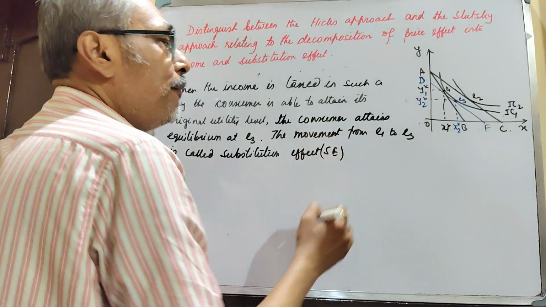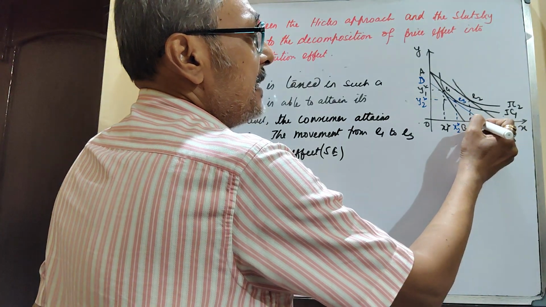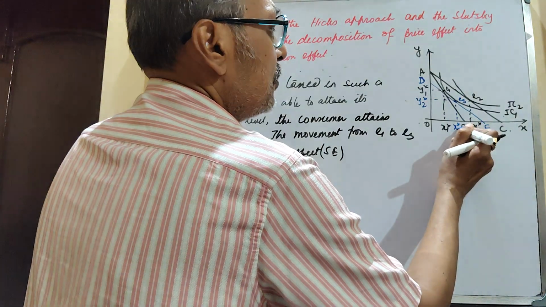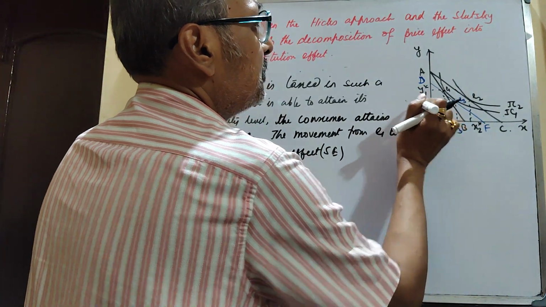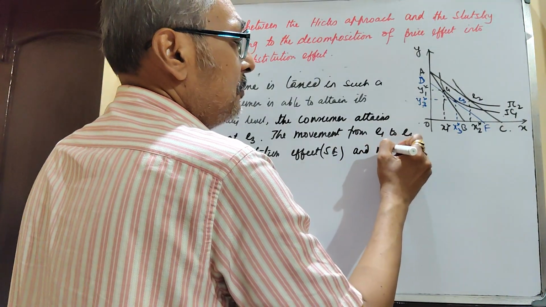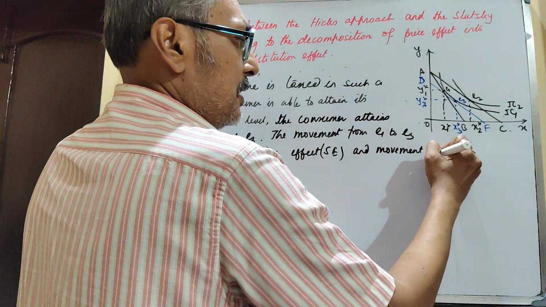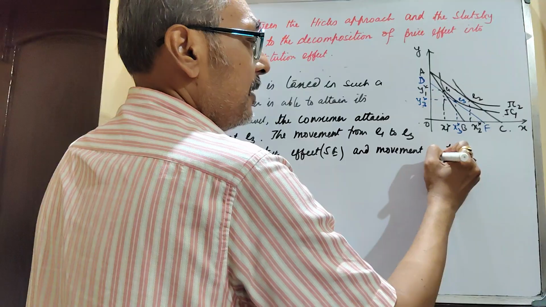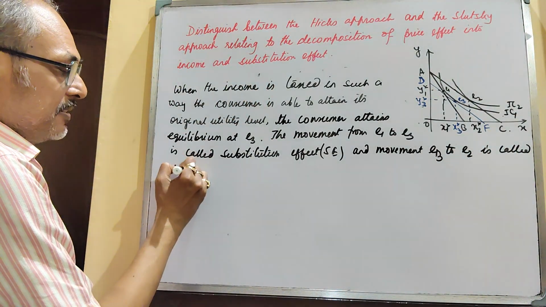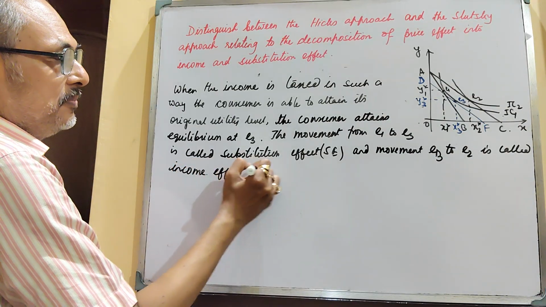AC, and movement from E3 to E2 is called income effect. I mark this as E3.